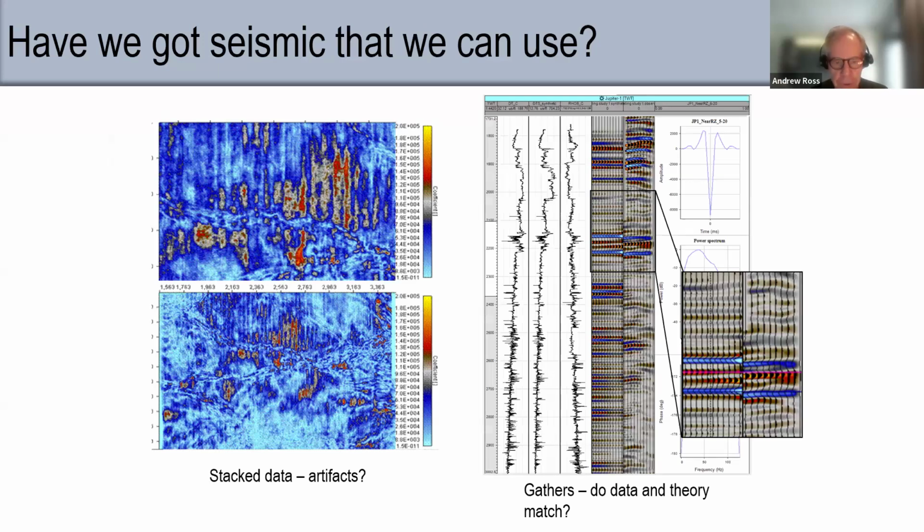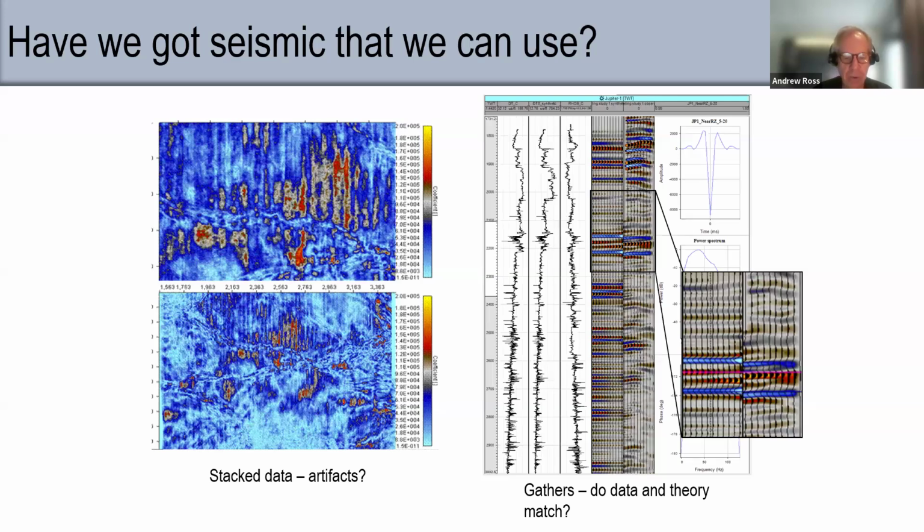And one thing that's very important, and I mentioned this already, I apologize to the people who are working with land data where it's a little bit more difficult to do this. We have to have seismic that's representative of the geology. That's easy to say, not necessarily quite as easy to do sometimes.